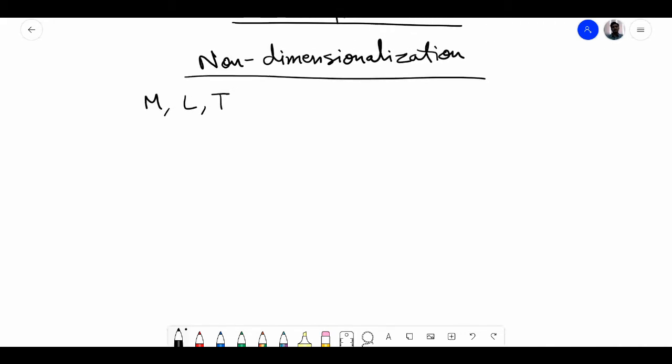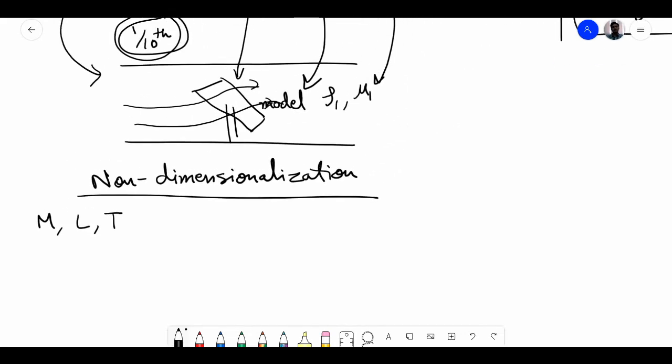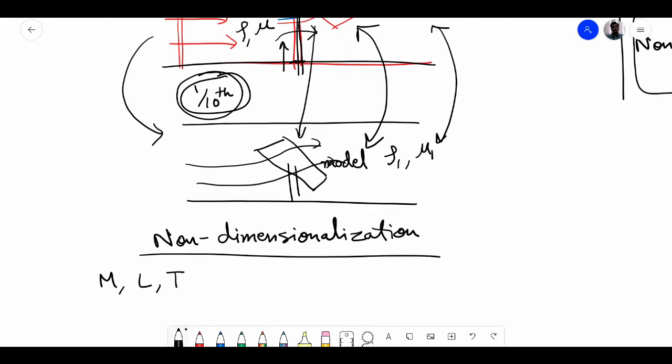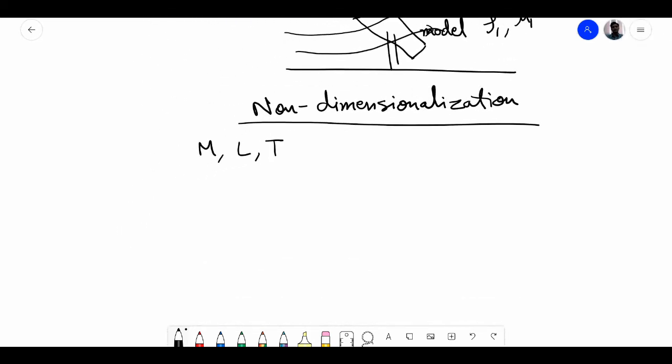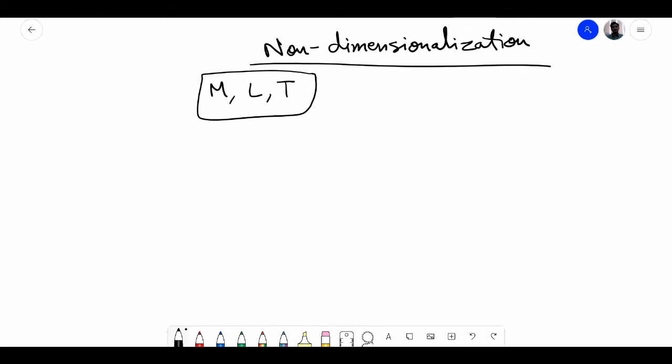There are temperature and so on, but for incompressible isothermal flows, we will generally be dealing with only these three dimensions: mass, length, and time.